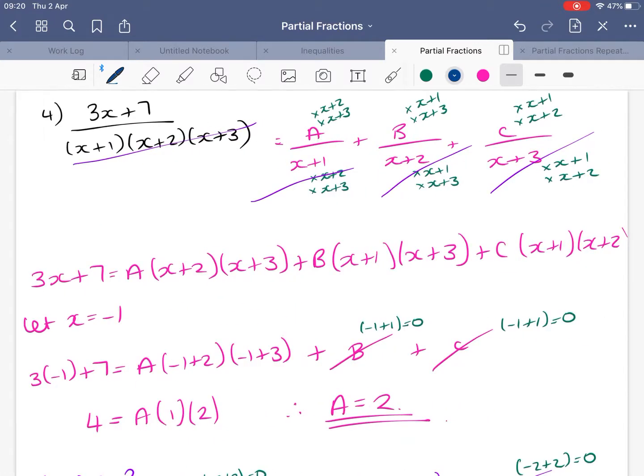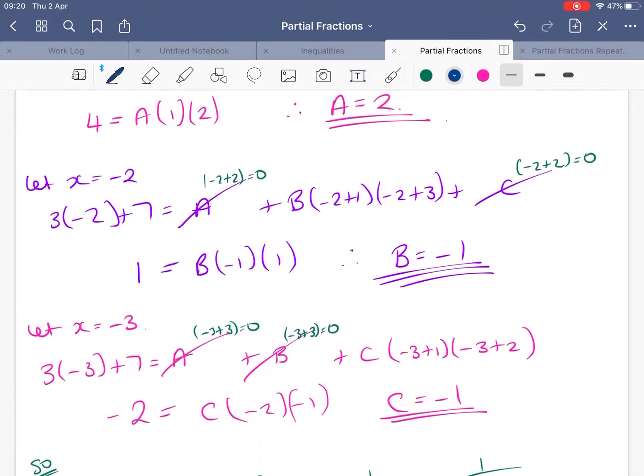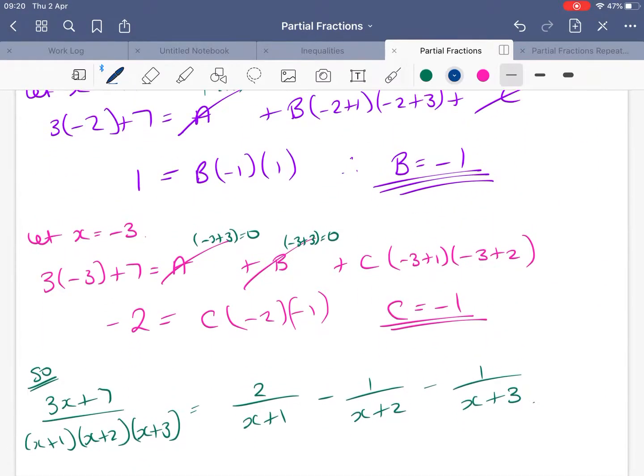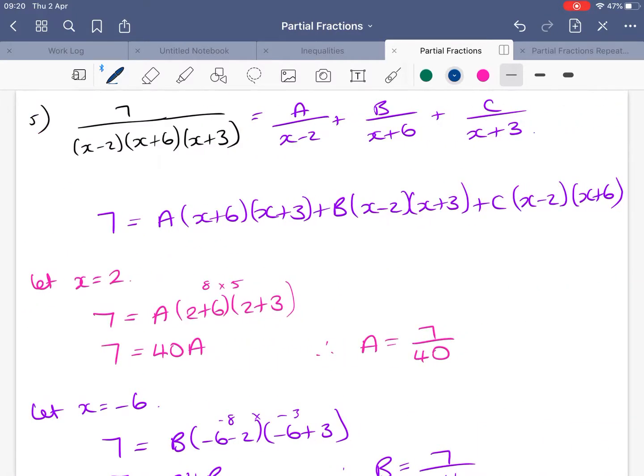Okay, so number 1, we use the substitution x equals -1, x equals -2, and x equals -3, and hopefully you got the answer 2 over x plus 1 minus 1 over x plus 2 minus 1 over x plus 3. Okay, like as I said, with this one you got quite horrible numbers because you needed to use substitution x equals 2.